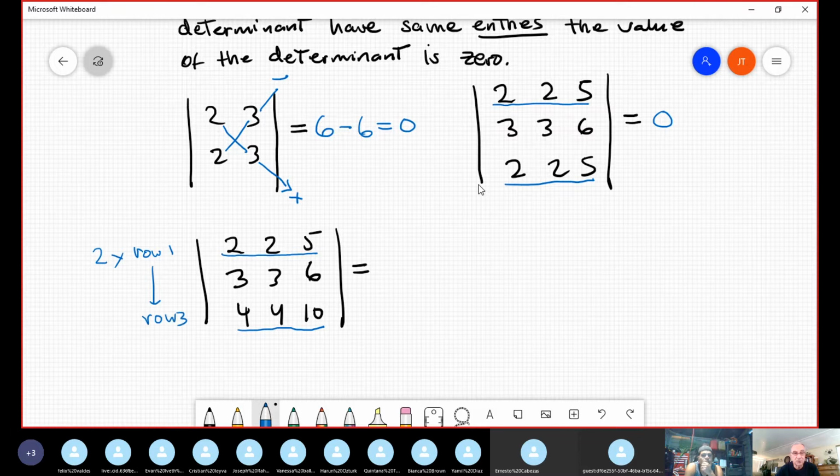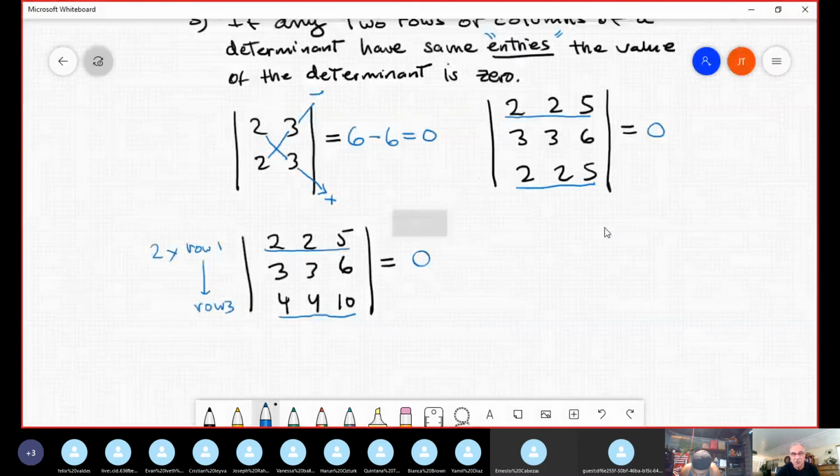So 2 times 2, 4. 2 times 2, 4. 5 times 2, 10. Okay, again is 0. So this property is not necessarily equal. It's equal, of course, much better, no? But if it is proportional, it is obvious that the determinant is 0.